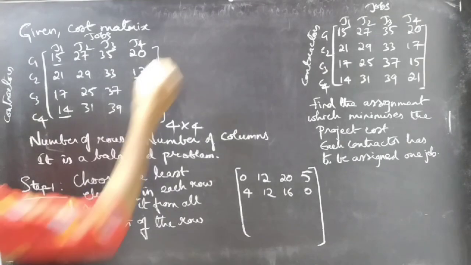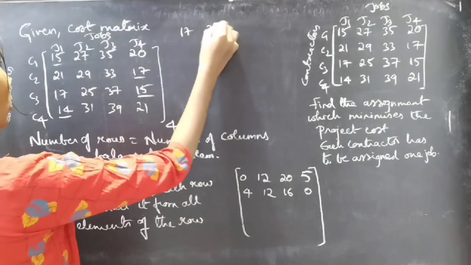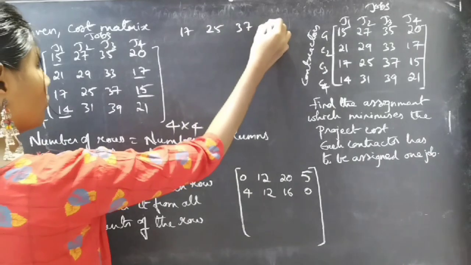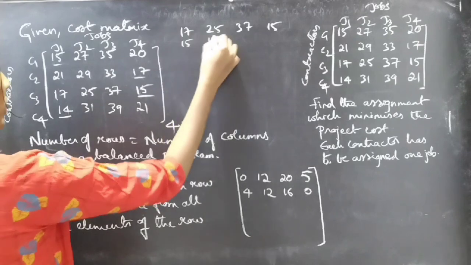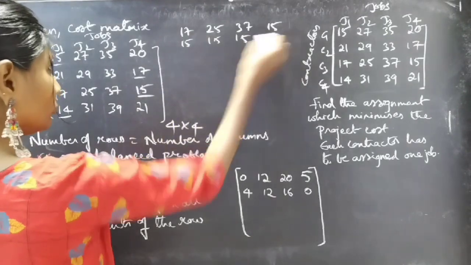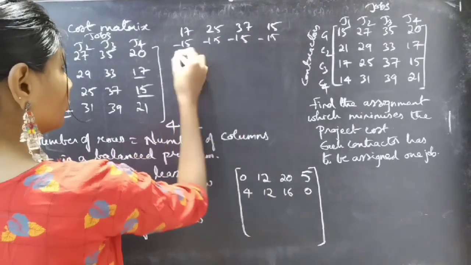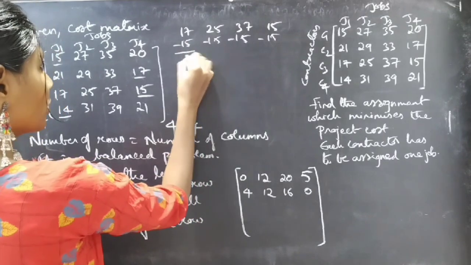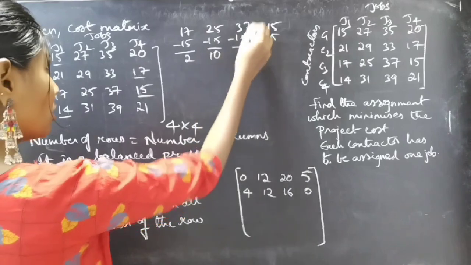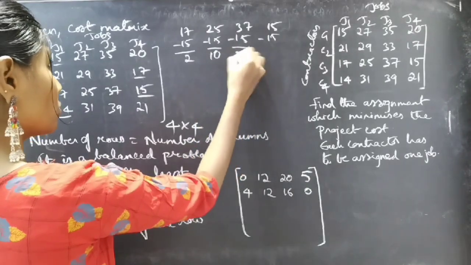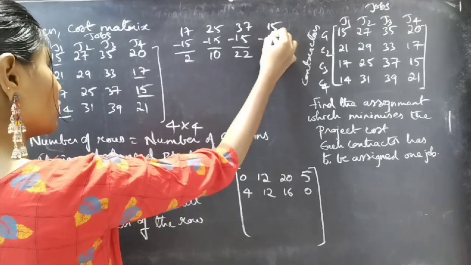Now coming to the third row, 17, 25, 37, 15. So we need to subtract 15 from all these entries. 17 minus 15 is 2, 25 minus 15 is 10, 37 minus 15 is 22, 15 minus 15 is 0.